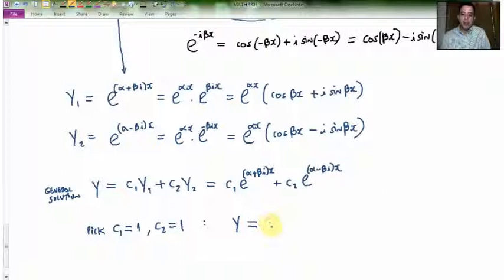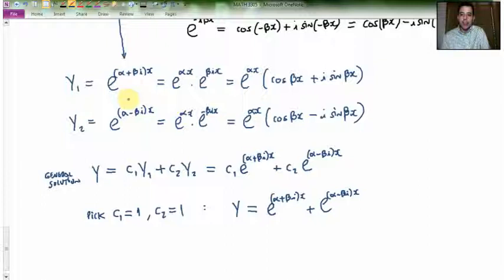This would be e^((alpha + beta i)x) plus e^((alpha - beta i)x), which is adding these two guys here. If we add these two, look what's going to happen with the i sine beta. That's what I said before. It gets eliminated. So this will be simply e^(alpha x) cosine, well, 2, right? 2 times cosine beta x.